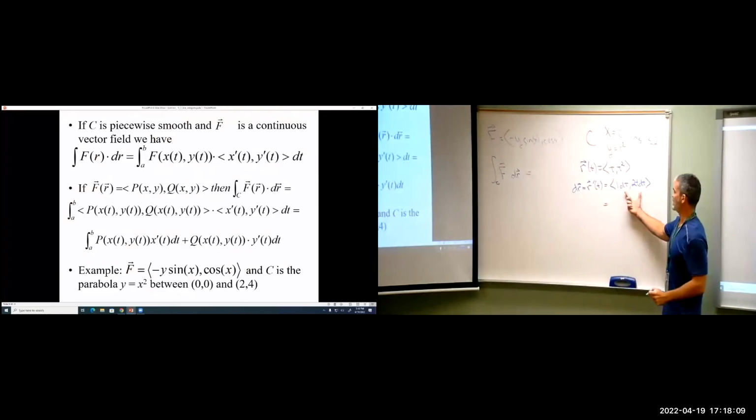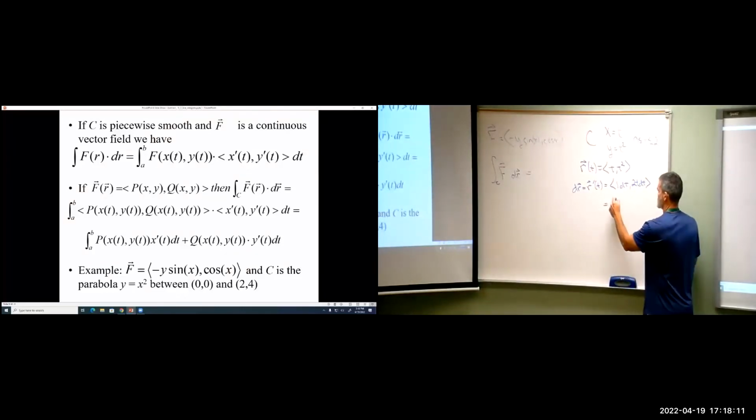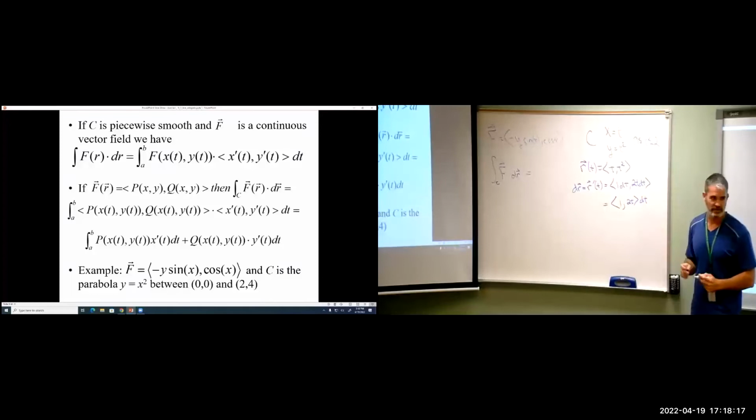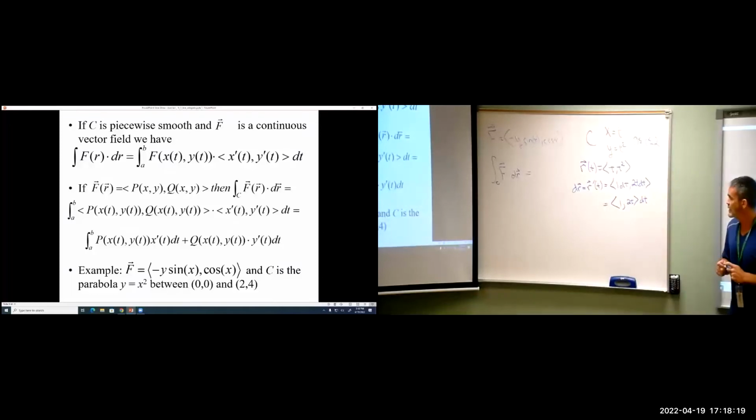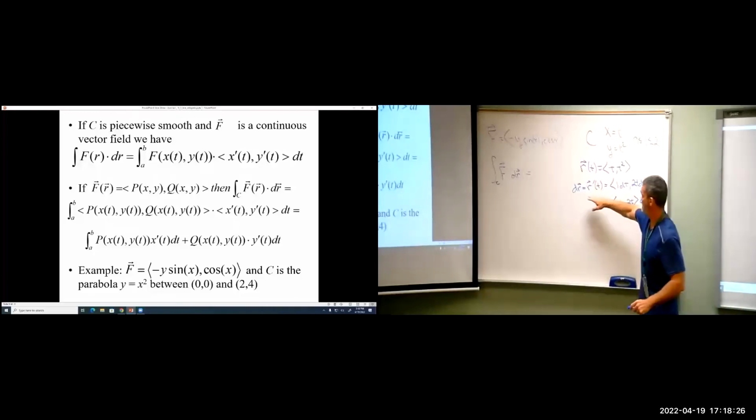Or the way I like to write it is 1 comma 2t dt, because I can treat that dt like a scalar. So that's going to be the dr.